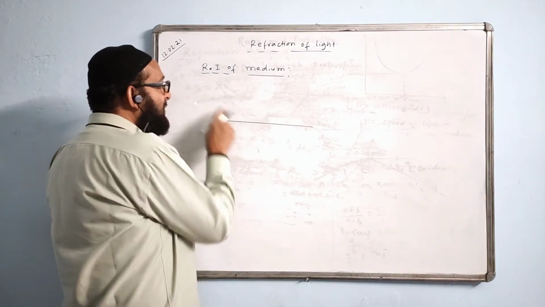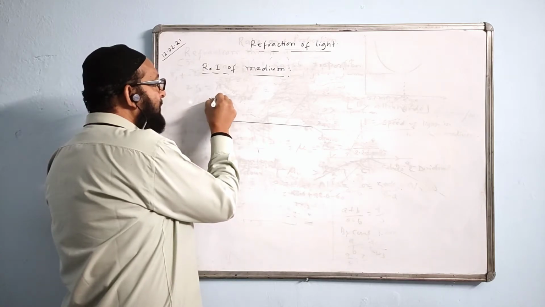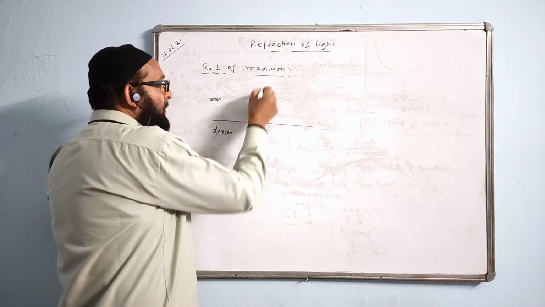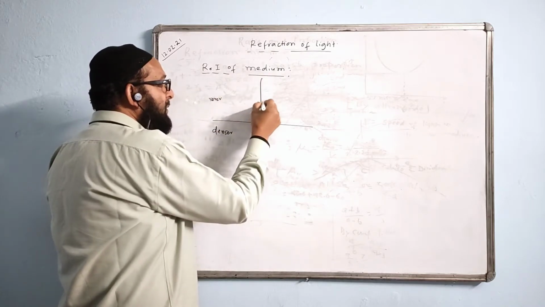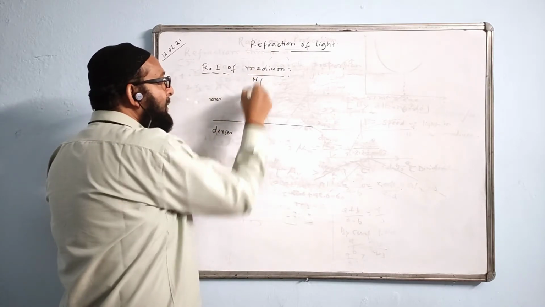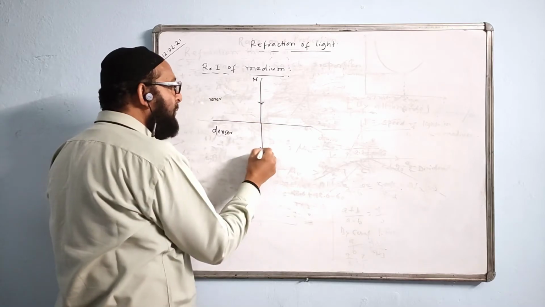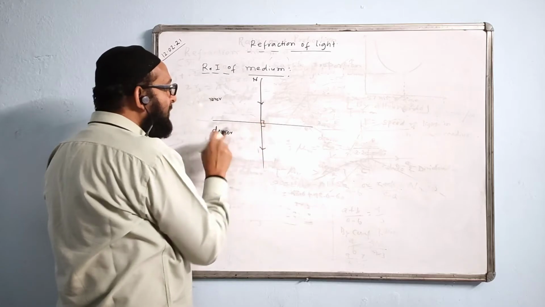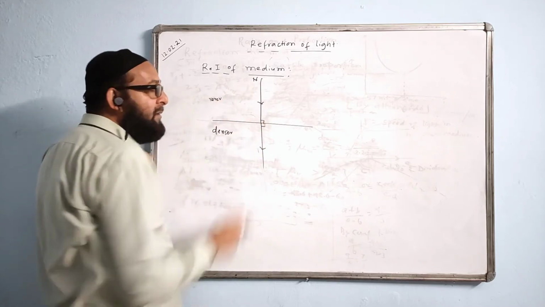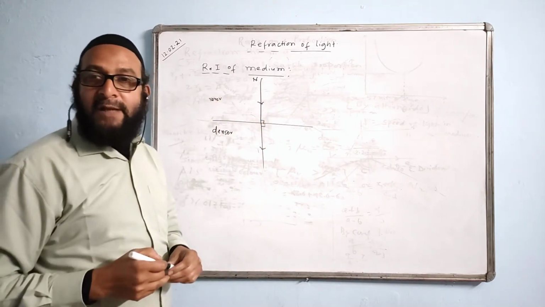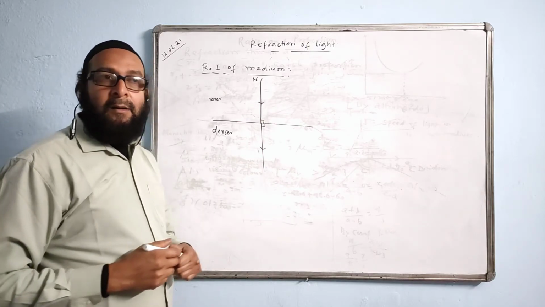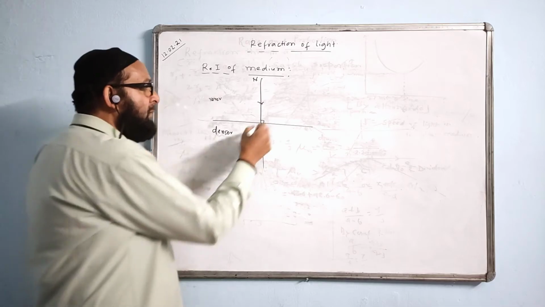So this is the surface, this is rarer medium, medium 1 and medium 2. Ray of light is coming like this way, along the normal line, then it will go straight without bending. The ray of light is passing normally through the surface separating the two media. Then the refraction will not take place. What is the angle of incidence here in this case? Not 90 degrees, 0 degree.